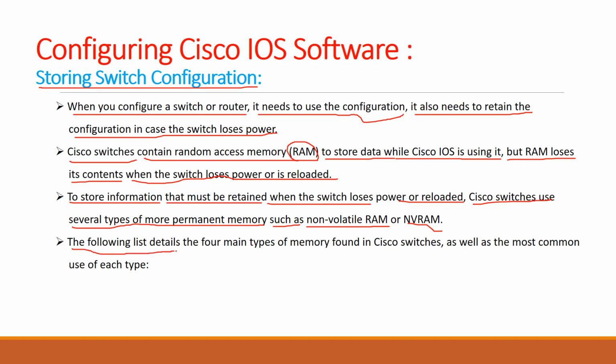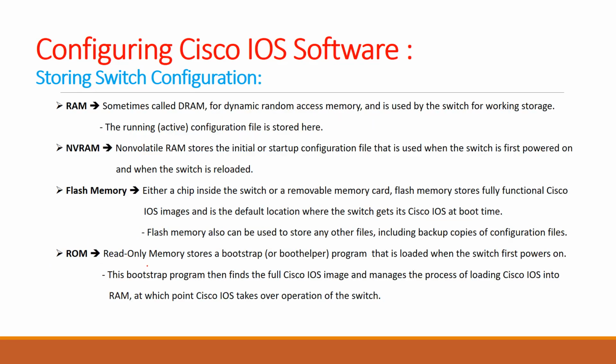The following list details the four main types of memory found in Cisco switches, as well as the most common use of each type. The first one is the random access memory, sometimes called dynamic RAM, and it is used by the switch for working storage.